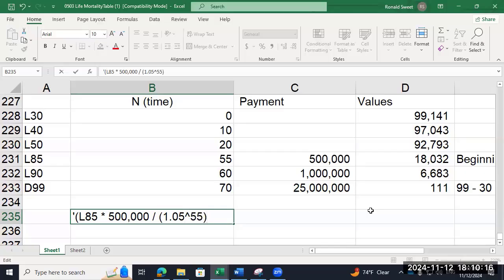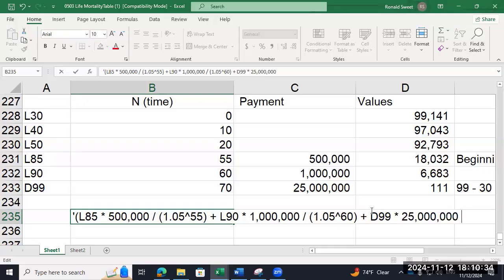You're going to pay the L90s $1 million divided by 1.05 raised to the 60 plus D99 times 25 million divided by 1.05 raised to the 70. So you got to write that down.